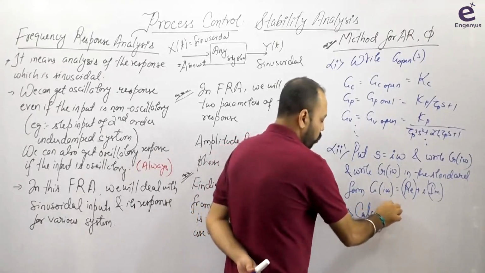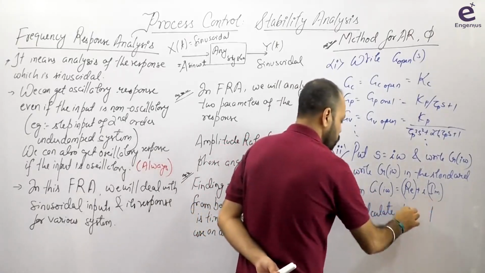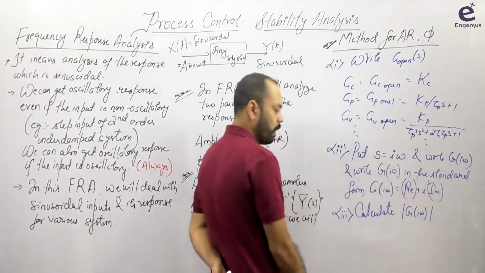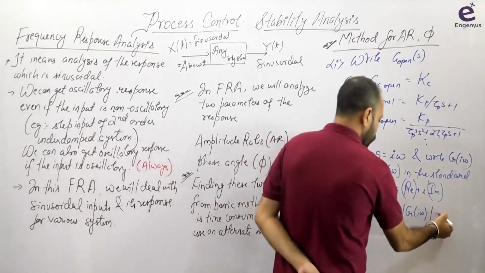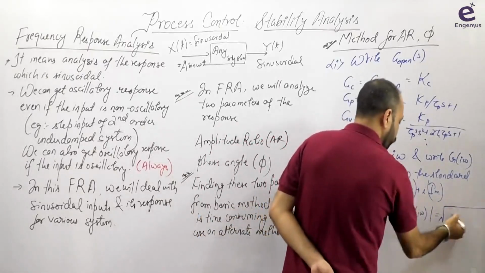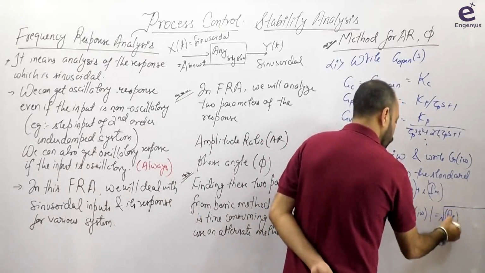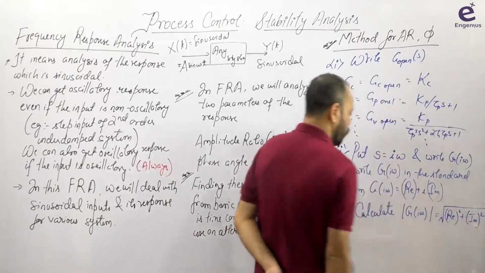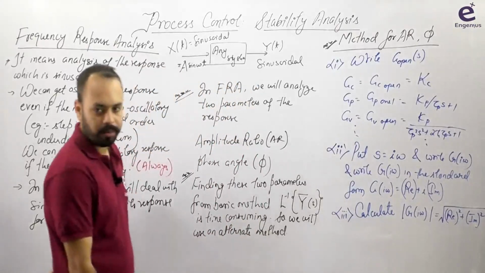We show the modulus by this: modulus of G of iota omega. Do you know how to calculate the modulus of a complex number? That is the square root of the square of the real part plus the square of the imaginary part. Okay, that is how you calculate it.